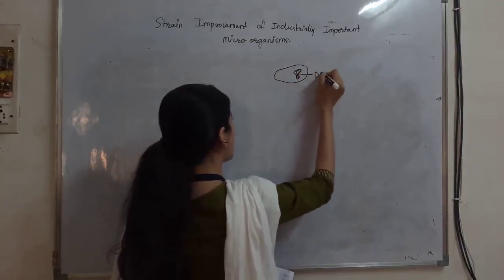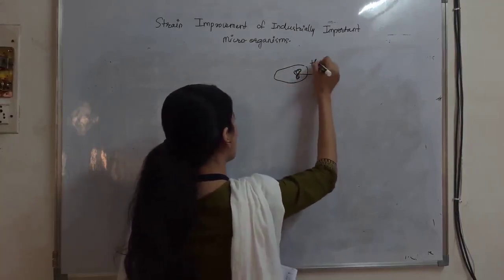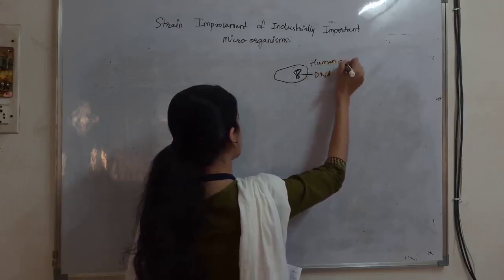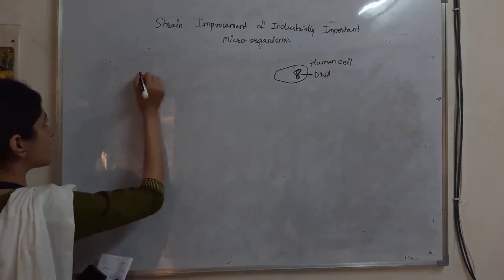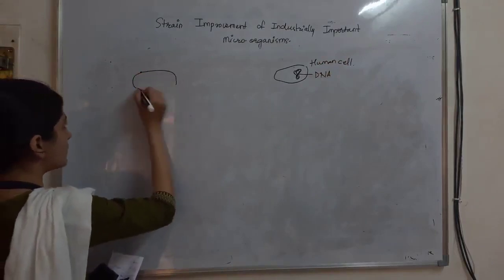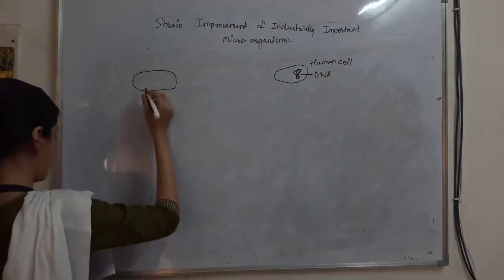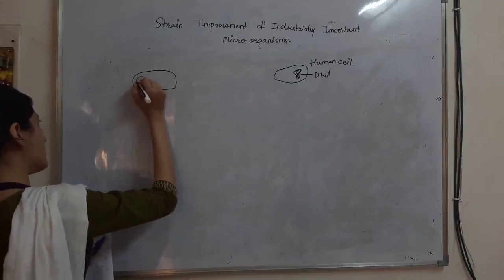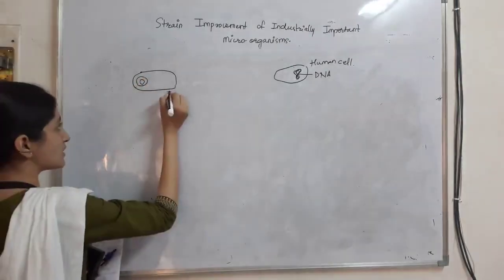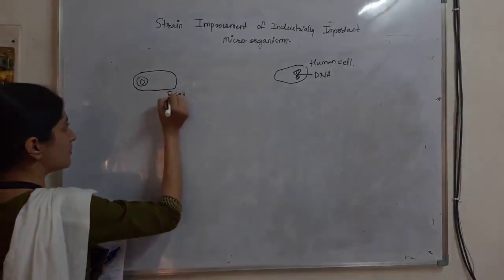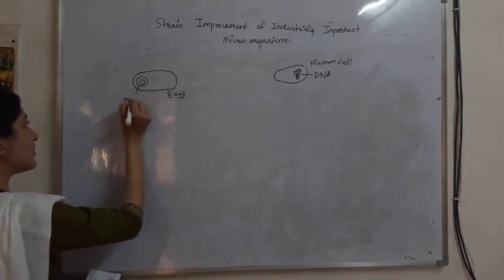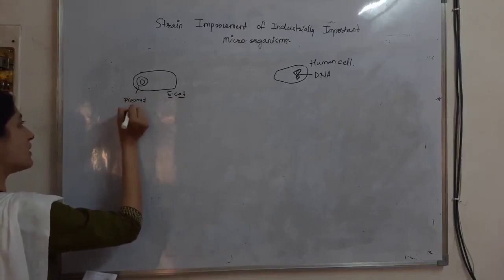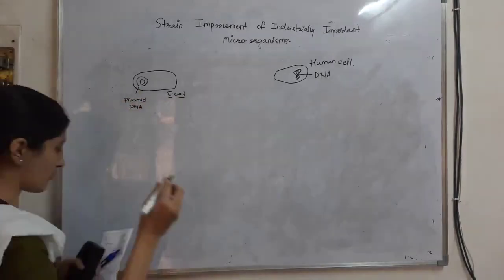This is an example, this is DNA, and this is a human cell. Now, there is another cell, a bacterial cell, which consists of its own chromosome. So this is E. coli. It has plasmid DNA as well as its own chromosome.